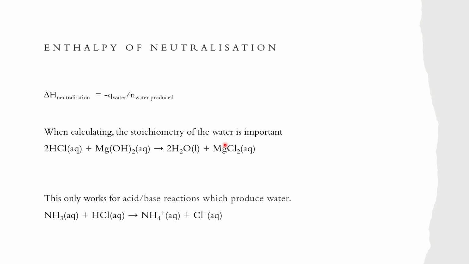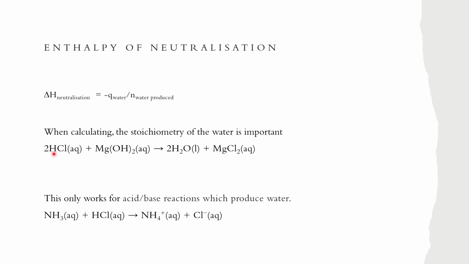So when you're doing a calculation, the stoichiometry of the water is really, really important. Here we can see that the heat of neutralization is going to be based on the fact that 2 moles of water are being produced for every 2 moles of hydrochloric acid and for every 1 mole of magnesium hydroxide.